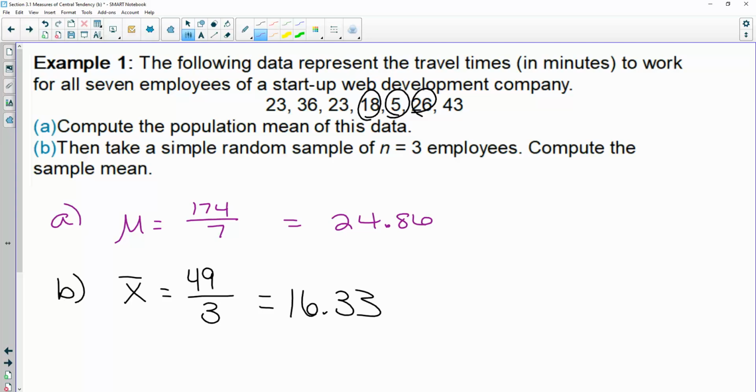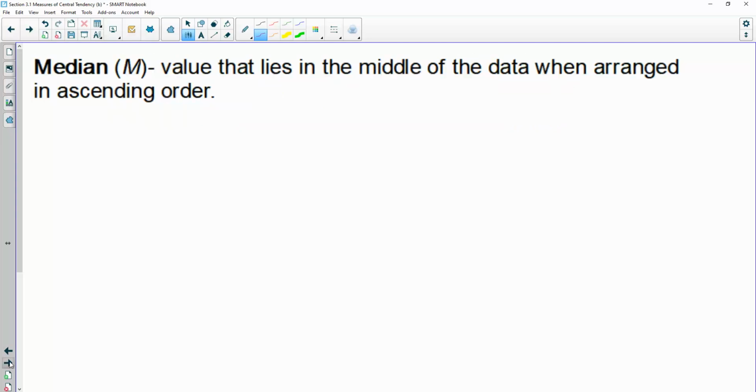Any questions there? Normally I would tell you, I just wanted you to see the different notation.